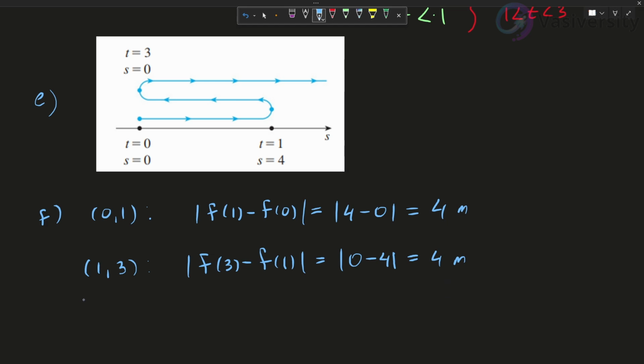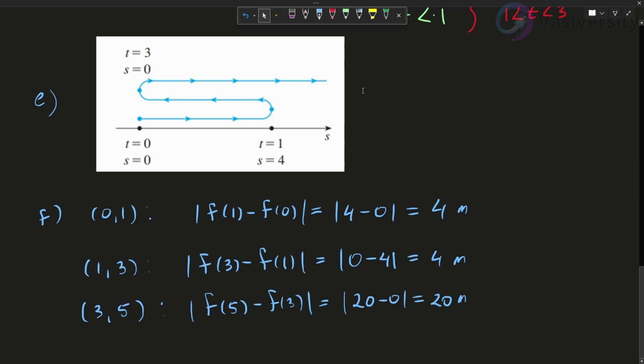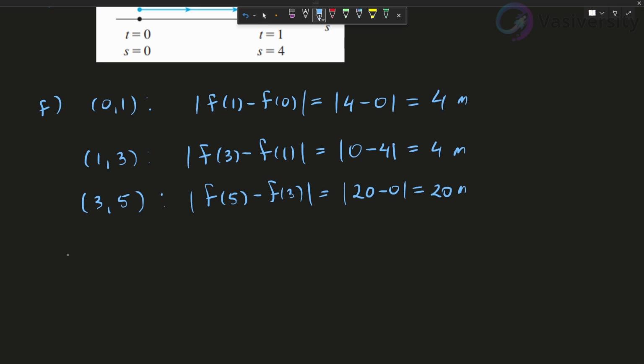And then between 3 to 5, we're going to have f of 5 minus f of 3, which is equal to 20 minus 0, which is equal to 20. So the total distance is going to be equal to 4 plus 4 plus 20, which is equal to 28.